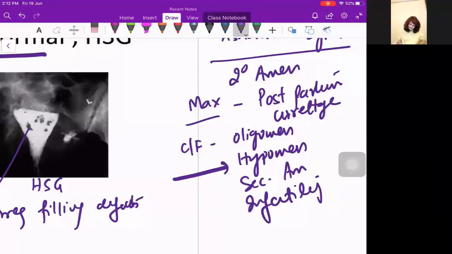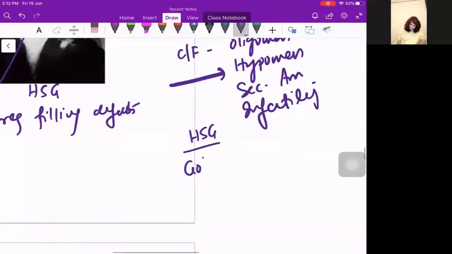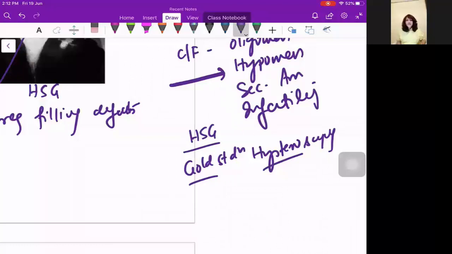Investigation done is HSG, which shows irregular filling defects, and the gold standard investigation is hysteroscopy, which is diagnostic as well as therapeutic.